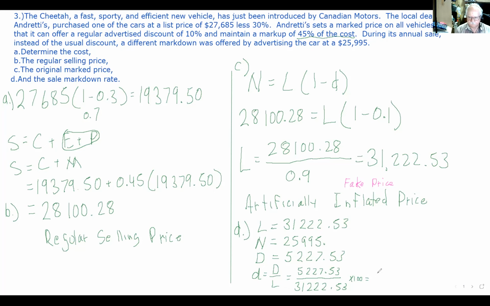So I got 16.7428136%. And they didn't really tell us how many decimals to go to. So let's call it 16.74% and assume we're going to 2 decimals.